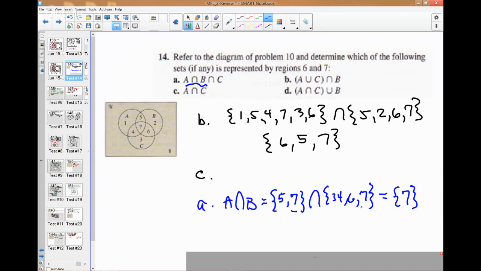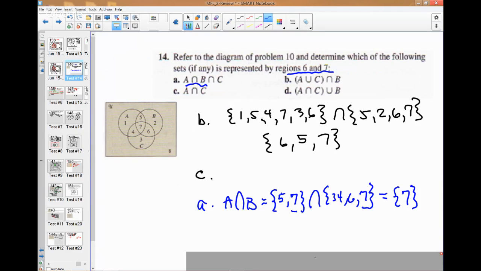Okay, so there's the answer to A. Is that the answer that they wanted? We're supposed to find the problem that comes out to the answer of 6 and 7. Obviously, this one failed because we only got 7. Got it?